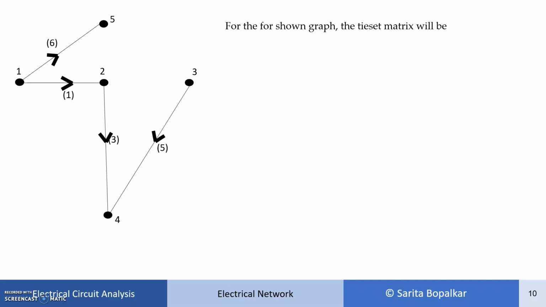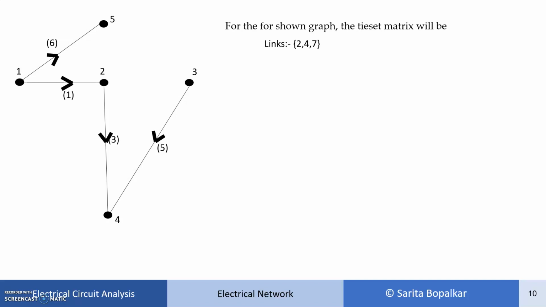Links are the branches which you have removed to form a tree, and the branches which are part of your tree are called twigs. So branches 2, 4 and 7 are your links. Now these links will help you to form a Tieset matrix.